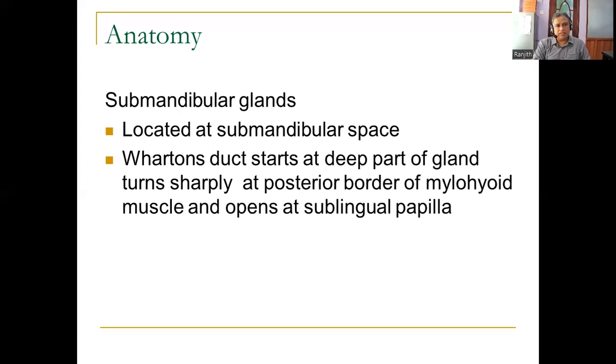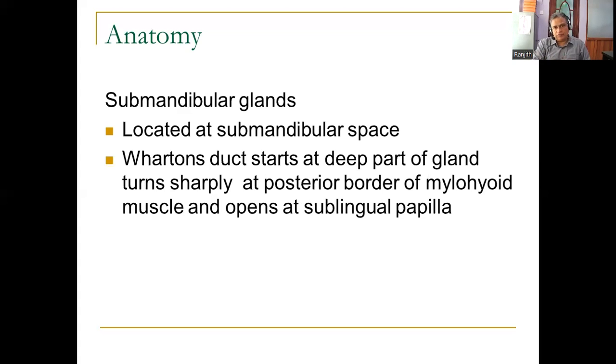Now, the anatomy of the submandibular gland, we know that it is located at the submandibular space, which is a fossa kind of space in the lower border of the mandible. So we have seen the mandible.